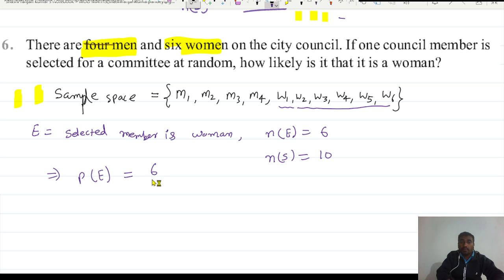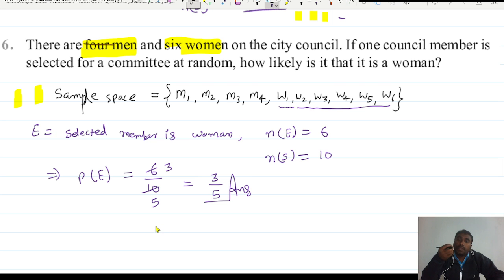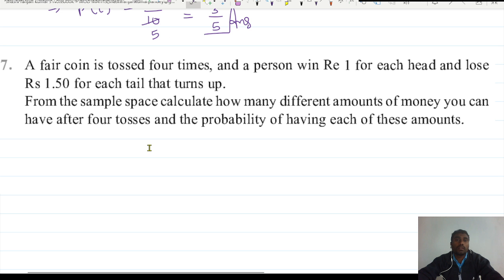That is 6 divided by 10. We can cancel 2 times, and the answer of this question comes out to be 3 by 5. That 3 by 5 is the likelihood that the selected member is a woman. Fine. Hopefully you get the concept of this question.